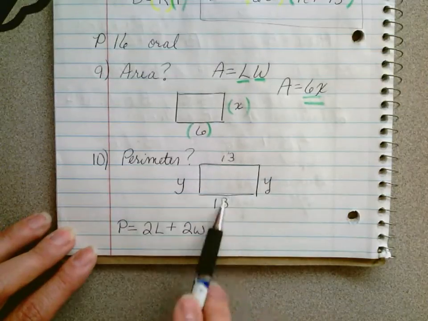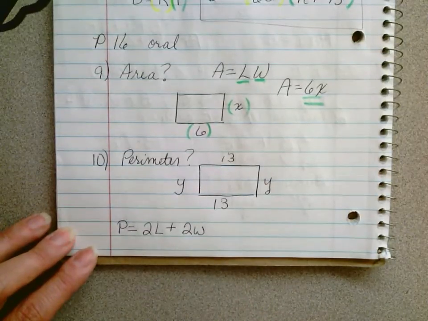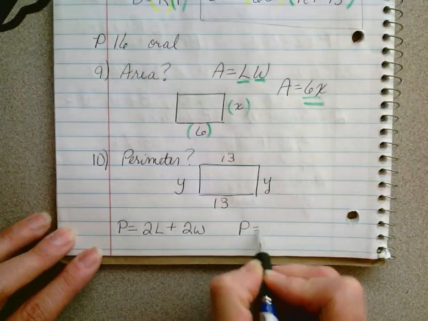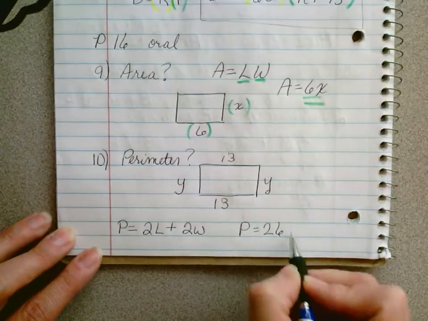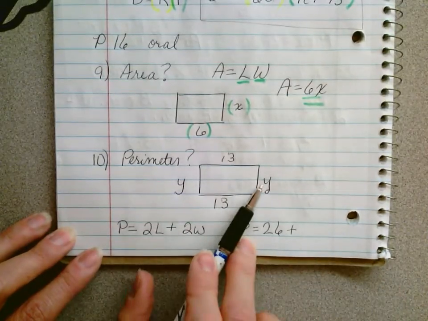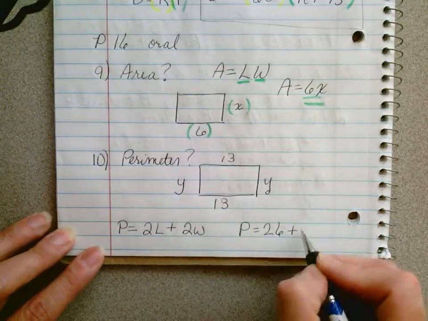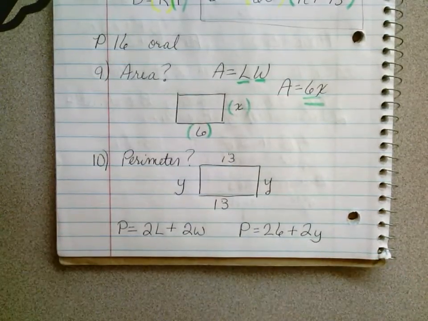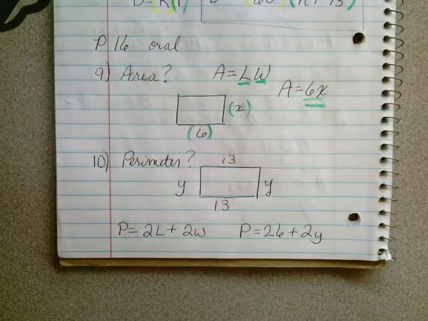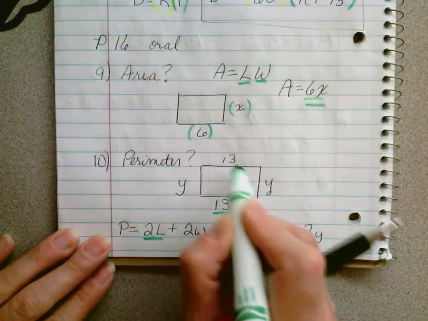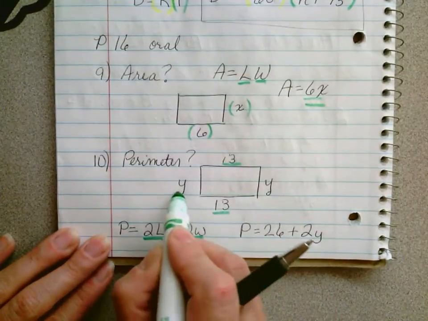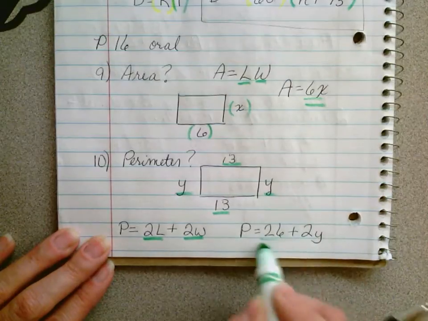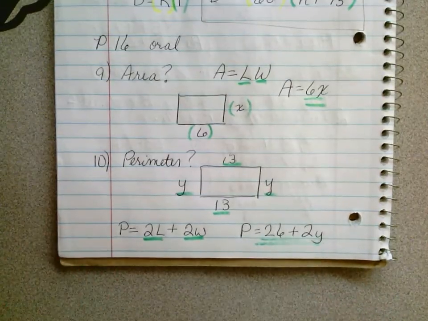So what is the sum of the lengths? Yes. And what is the sum of y and y? Bravo. Perimeter is equivalent to double the length and double the width. Ergo, there's your answer. That's perimeter.